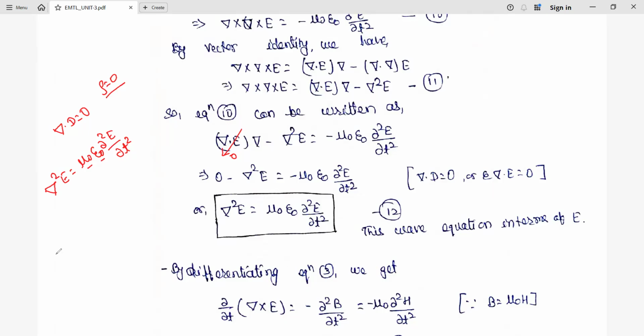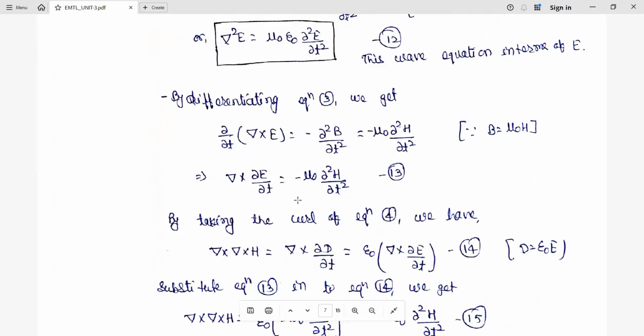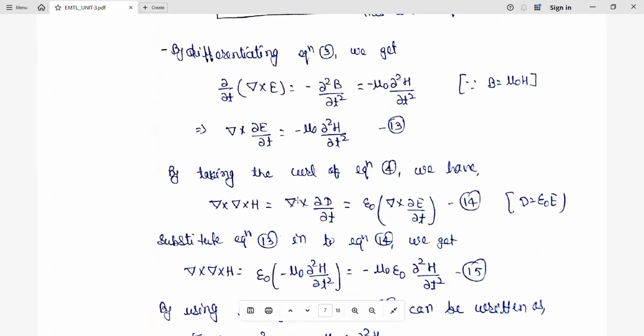Now we'll try to find the wave equation in case of magnetic field intensity. What we did earlier with the electric field, we'll now do for the magnetic field.